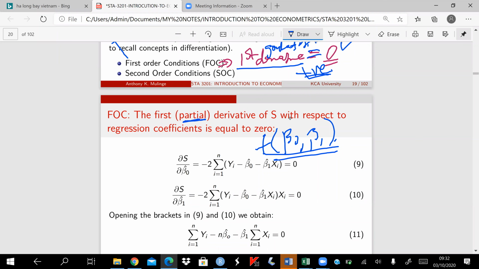Those are partial derivatives. You differentiate with respect to beta naught while holding beta 1 constant, and you equate that to 0. Here you're going to use what we call the chain rule of differentiation. It is shown in the video, so I will not go into much detail.